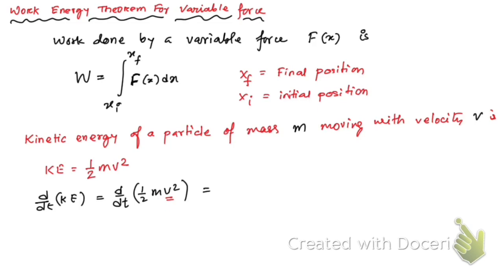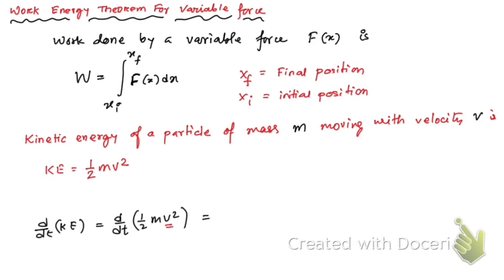But we are differentiating with respect to time t, so we have to change this. Okay, differentiating with respect to time t, what we can do here, instead of writing this, we can write this way.